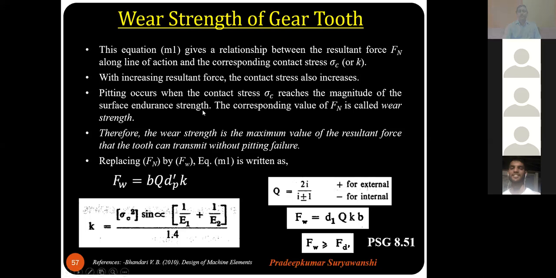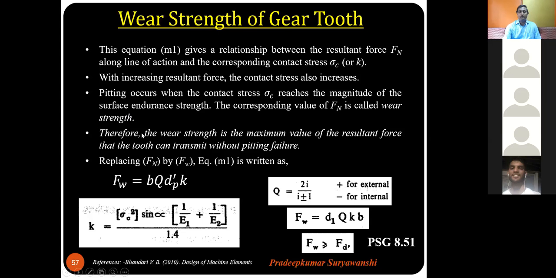Now this is another very important statement. Pitting will occur when the contact stress sigma c reaches the surface endurance strength, and the corresponding magnitude of Fn, that is the magnitude of Fn when sigma c is equal to the surface endurance strength, is called wear strength.